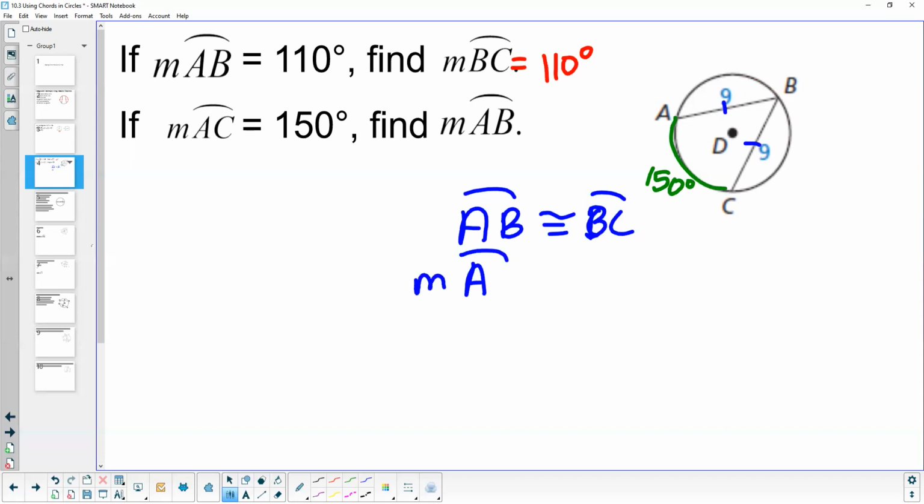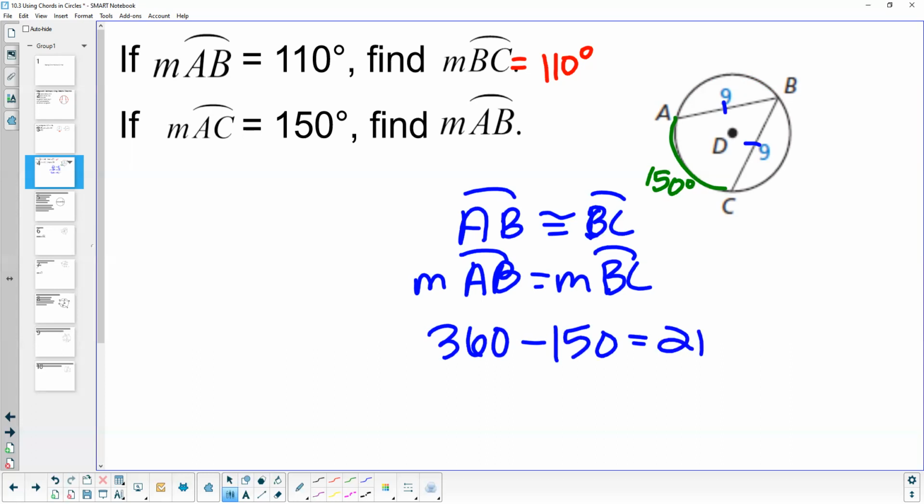So the measurement of arc AB is equal to the measurement of arc BC. Because we know that the total measurement around the whole circle is 360, we can take 360 and subtract out arc AC at 150, which leaves us at 210 degrees. And then we know that those two arcs are equal, so we can just divide by 2 and get that the measure of arc AB equals 105 degrees.